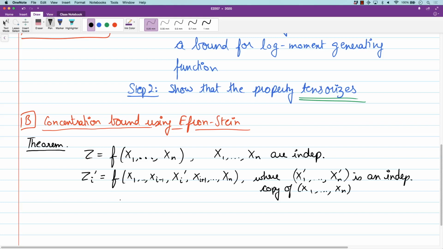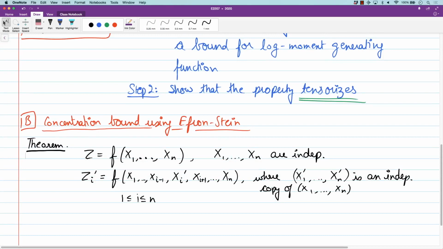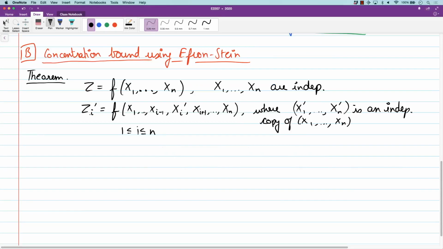Okay, so you define these guys for every i between 1 and n. Yeah, you can recognize these guys from our Efron-Stein inequality, where we had similar independent copies coming in.